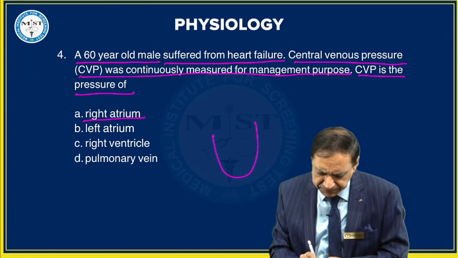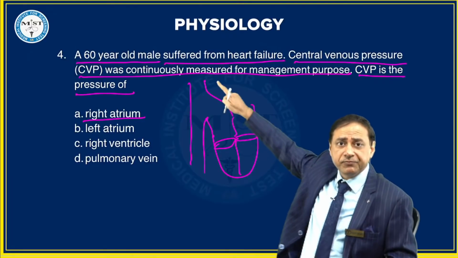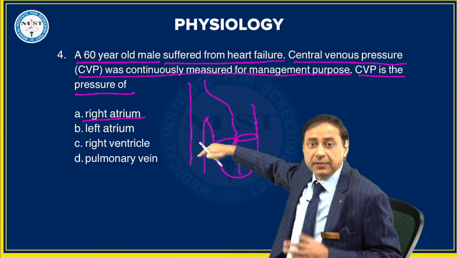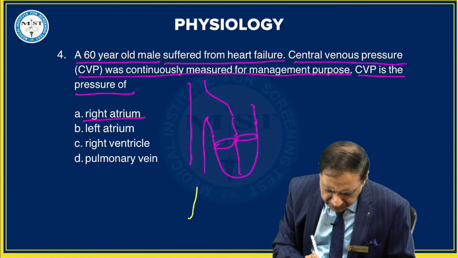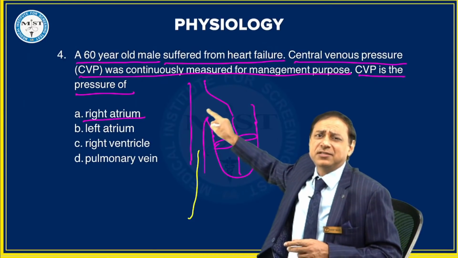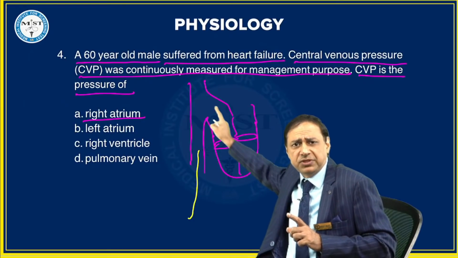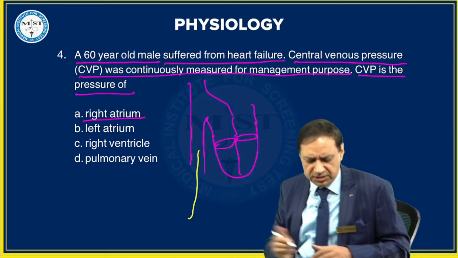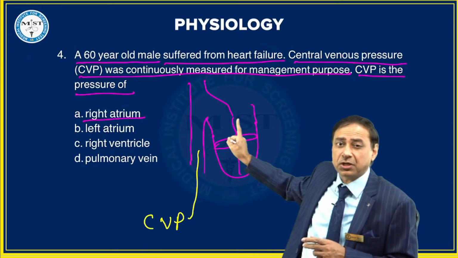If you see the heart, it is a 4-chambered structure. Now, this is the inferior vena cava and this is the superior vena cava. In central venous pressure, we put a line, and that line may go up to this point, this point, anywhere. The pressure measured from this is the CVP, and this will reflect the pressure of the right atrium.